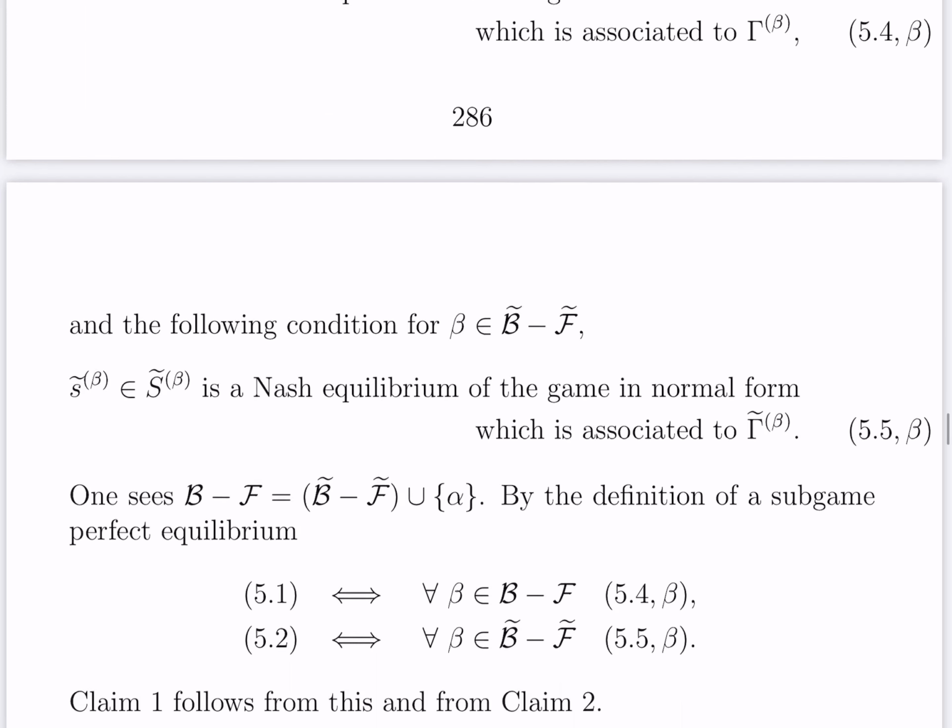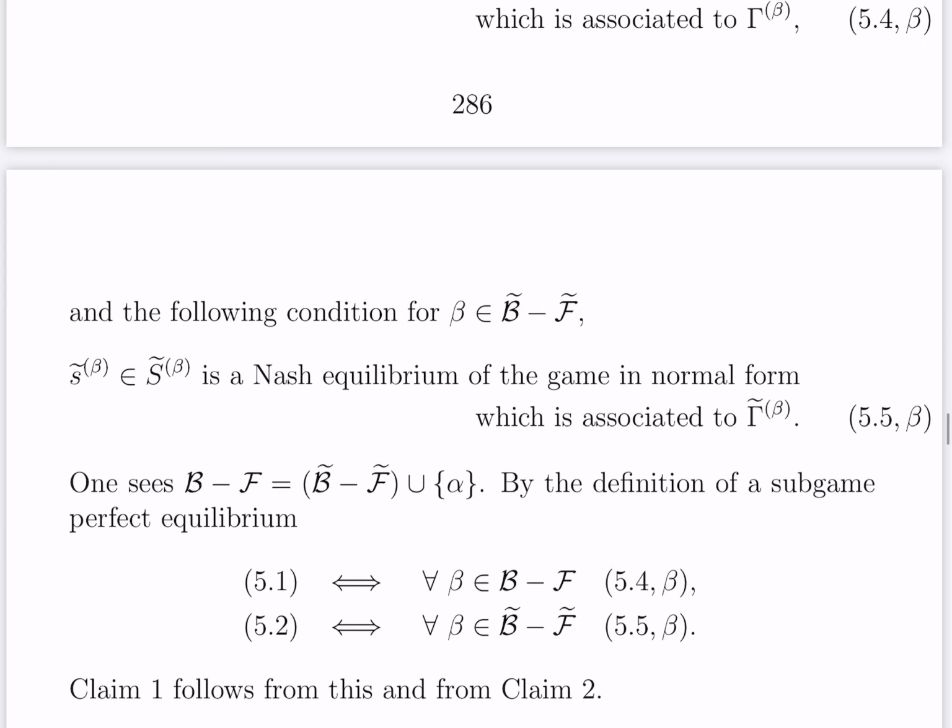And now we of course recall that the non-final plays of the full game are the non-final plays of the restricted game together with the play alpha, which is non-final in the full game but final in the restricted game.